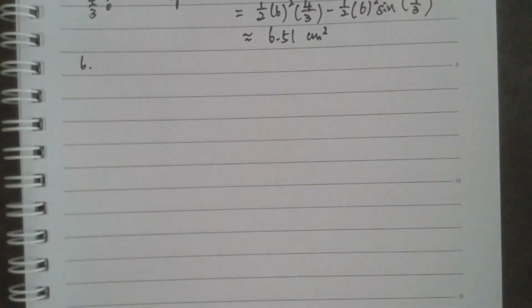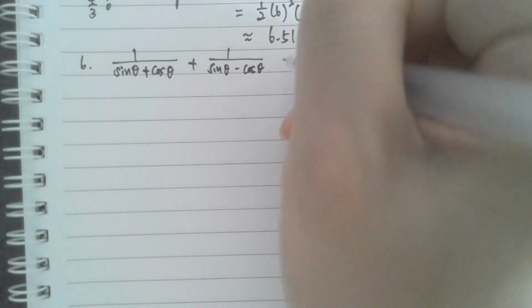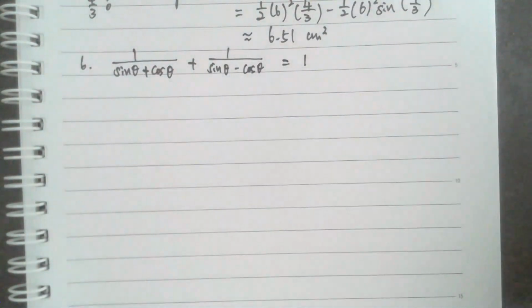It says, show that the equation may be expressed in the form a sine squared theta plus b sine theta plus c. So let me just write down the equation given in the question. Sine theta plus cosine theta plus 1 divided by sine theta subtract cosine theta equals 1.